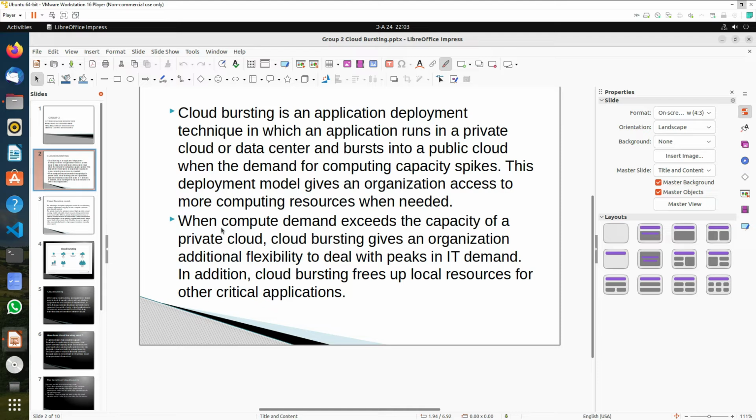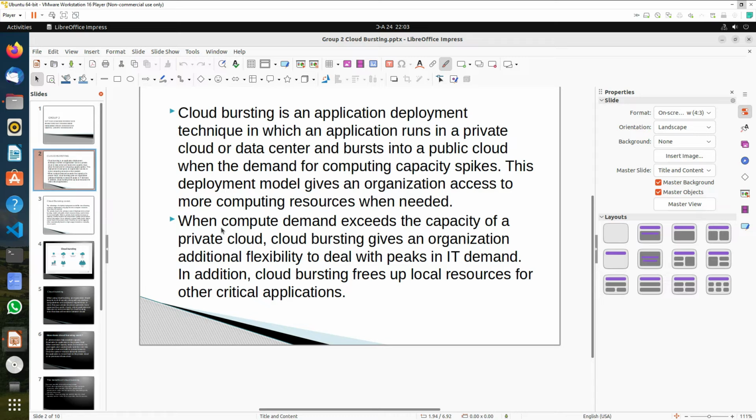So what do I have to do? I have to scale up. I have to provide myself with more laptops in order to make the website respond faster. So this process where you go from a private cloud to the public cloud because your demand is increasing is what is known as cloud busting.